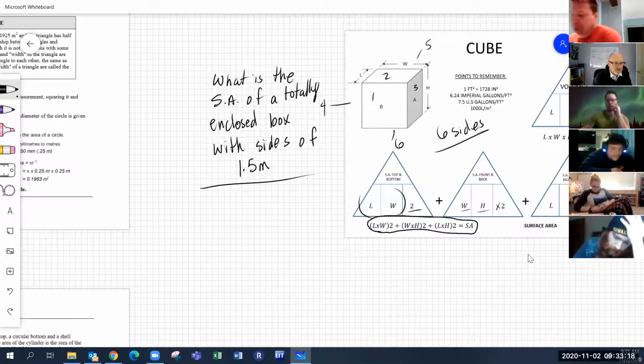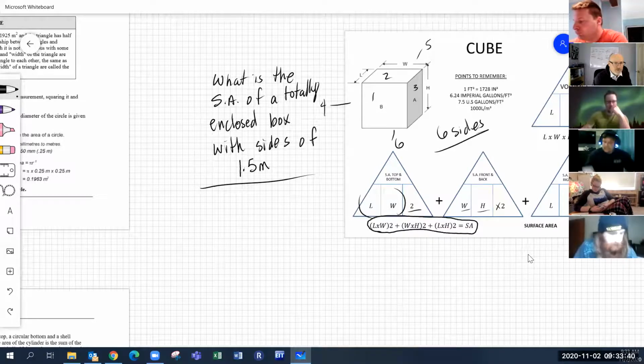Totally enclosed box. Anybody got an answer so far?